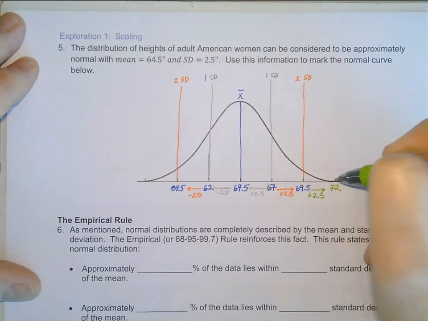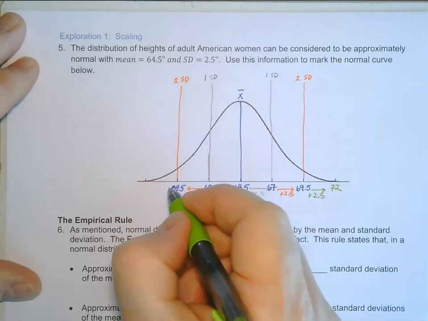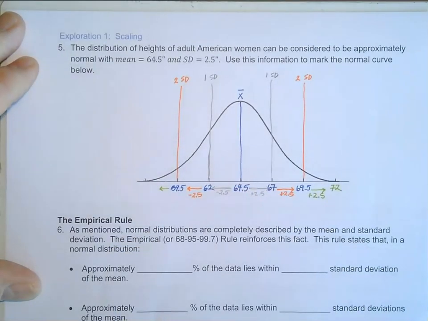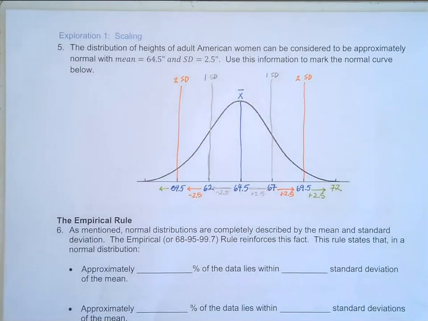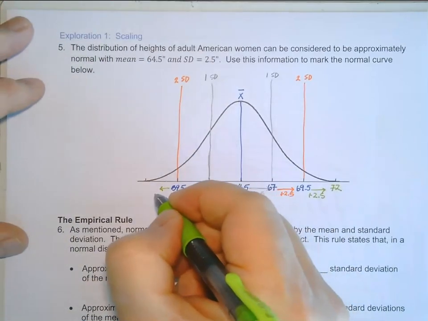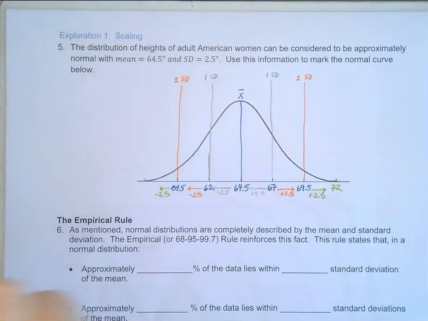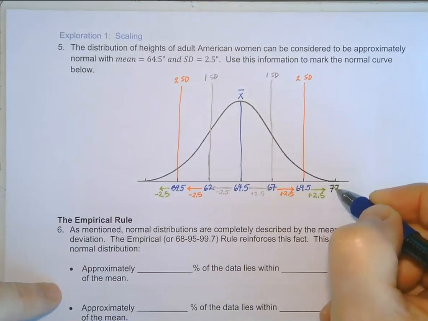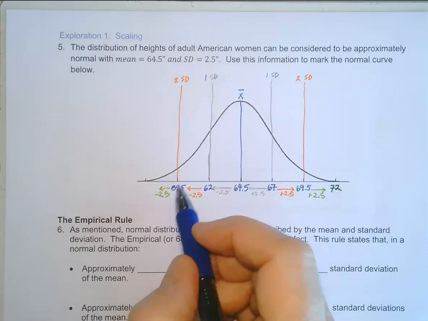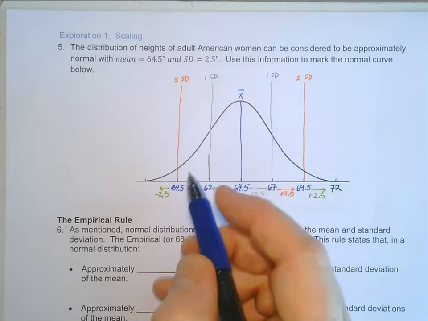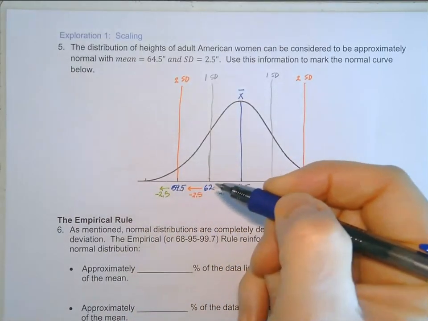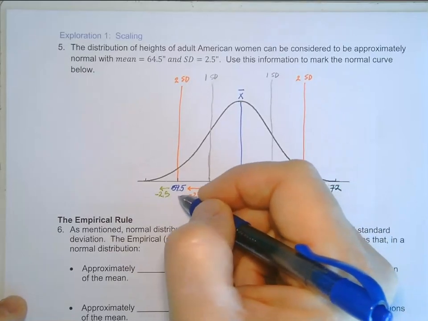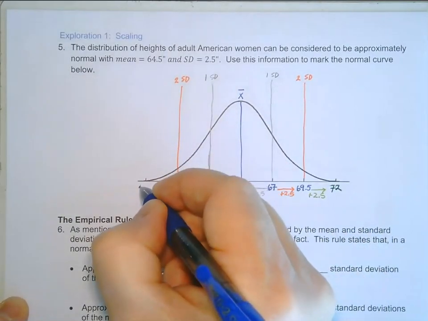I'll draw that in a second. And then going this way, oh, I meant to draw that. I'm going to subtract 2.5. Sorry, I meant to write that in blue, so I'm just going to do that to be consistent. Let's see, 59.5 minus 2.5 is 57.